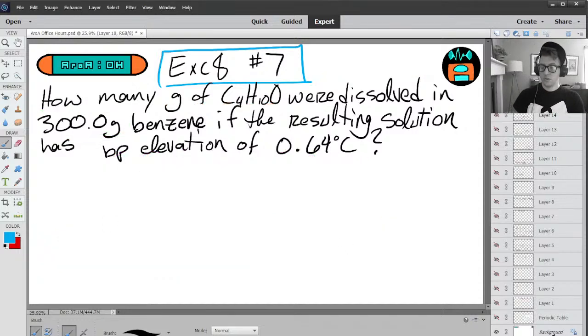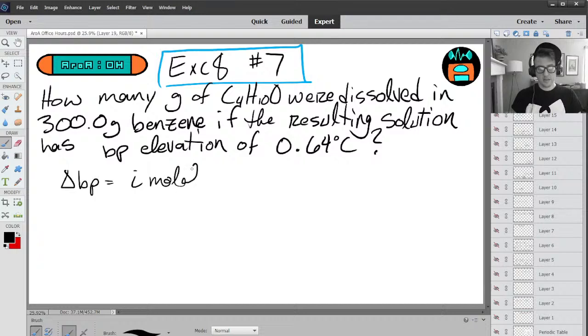So, going off that equation, change in boiling points is equal to I times molality times Kb.